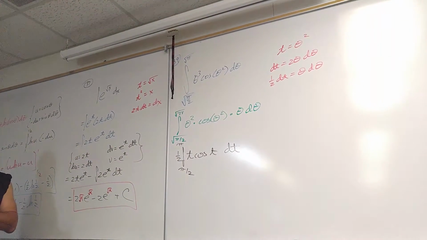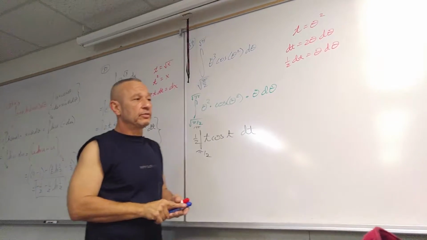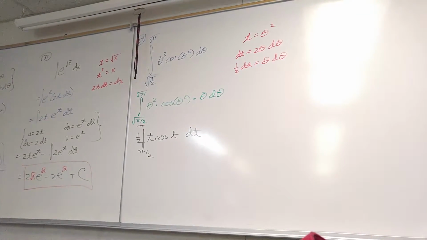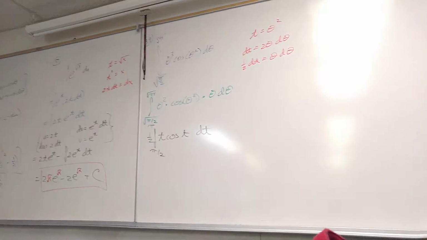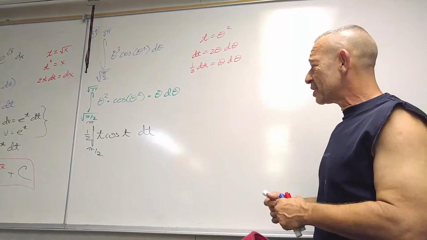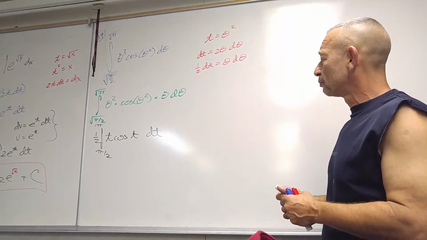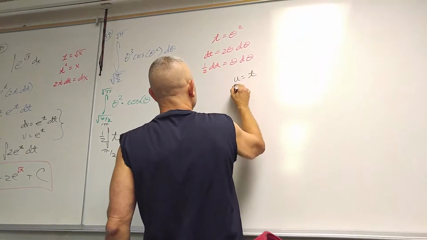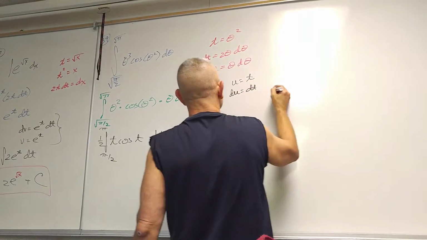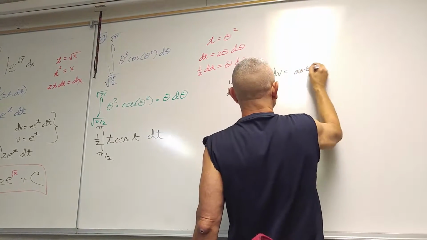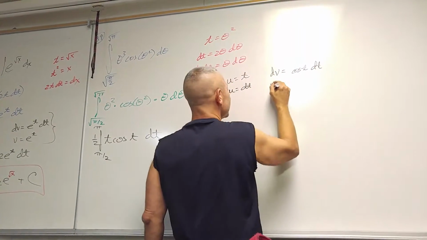So what do you think? 7.1, integration by parts, is a good guess. Almost no matter what you say on any of these problems, that has to be a good guess. How do you think we'd set that one up? u equals t. And that way du becomes far more simple, doesn't it? It's just dt. And notice if we let dv equal the cosine, when we integrate it, it doesn't get any worse.